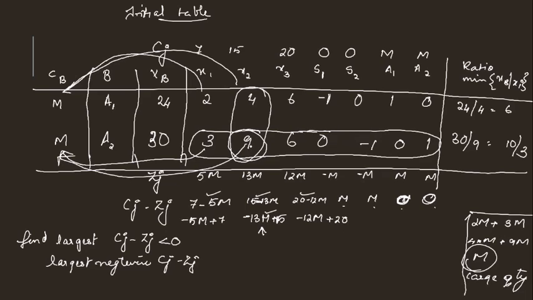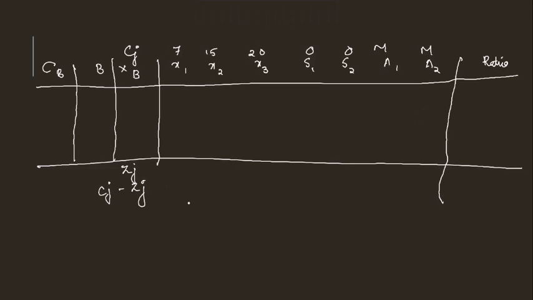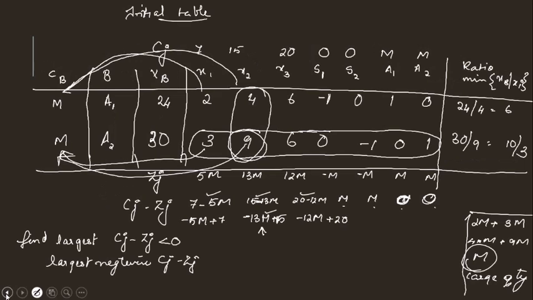So let's have a look. Again, you draw your box, the table. So this is our table. As I said before, now let's see which column will enter. Now this is the key column.